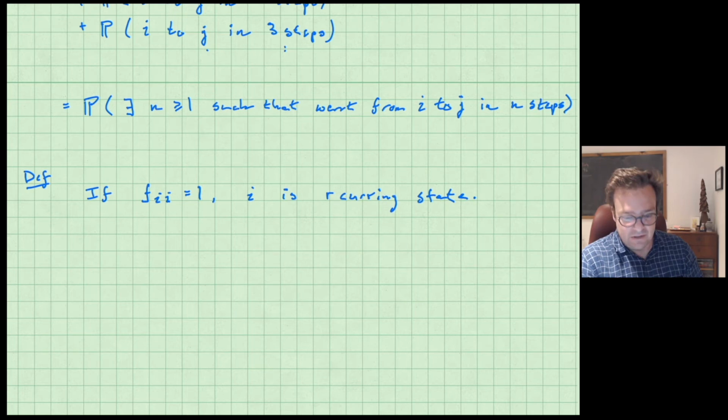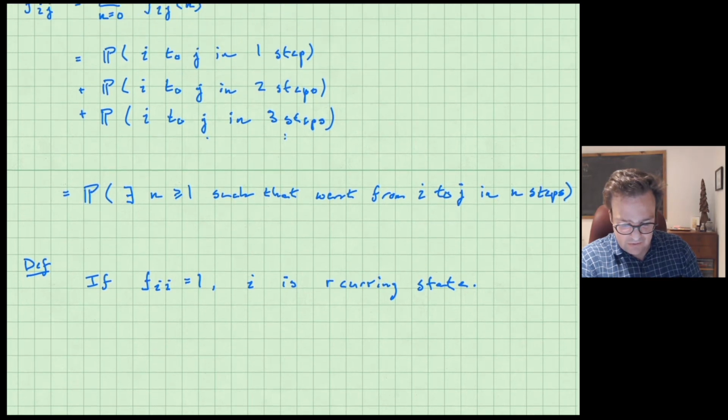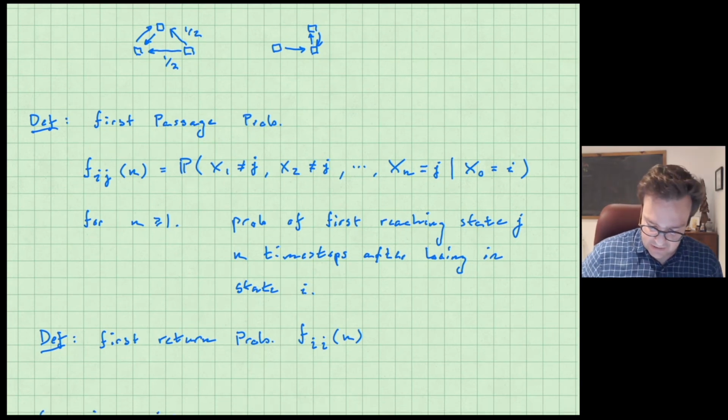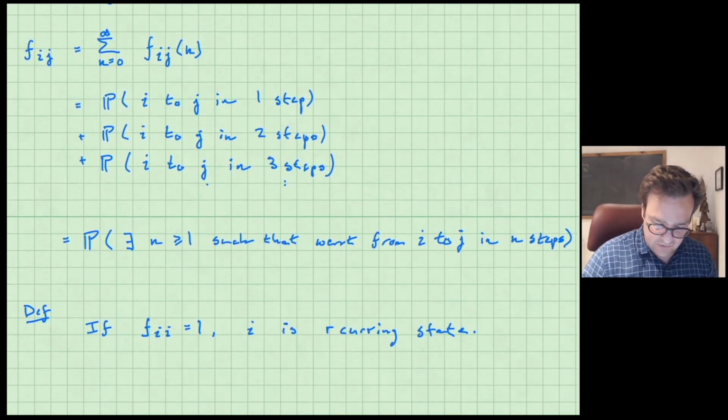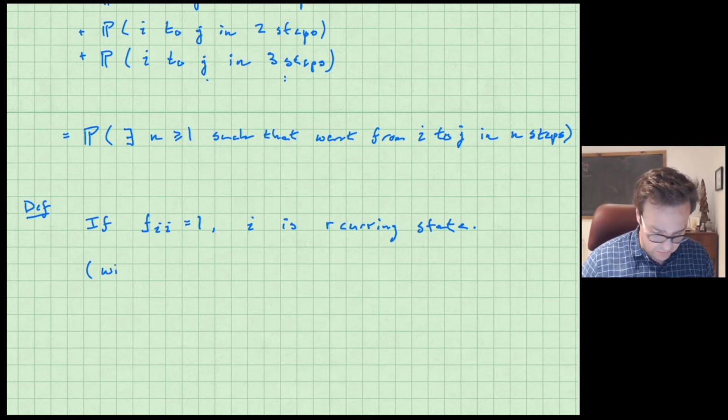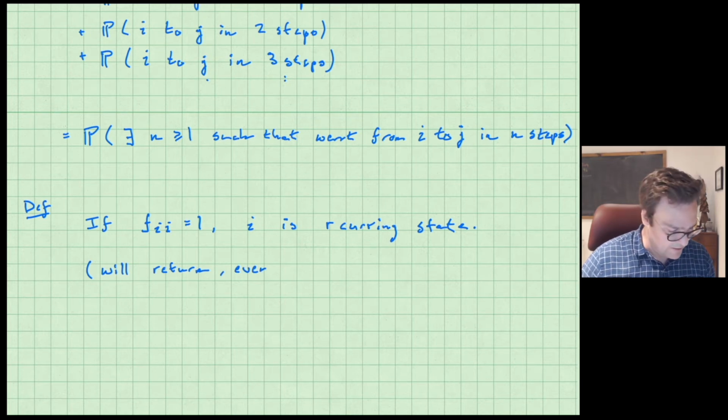There's no n in here, so we've summed over all of the n's. So it means, does there exist some n for getting from state I to state I. So it means you will return. It may take a while, but you'll do it, or the system will do it.